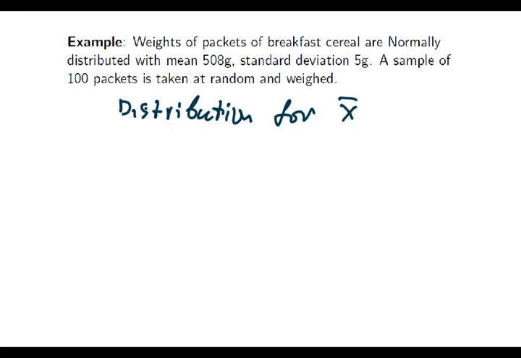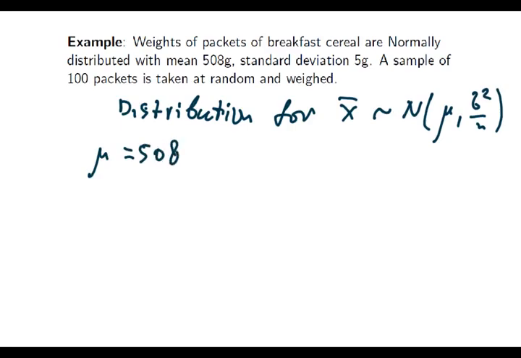So what we know is that x bar has normal distribution with expected value mu, which is the same as for each of these packets of breakfast cereals, and variance sigma squared over n. Now mu is given here as 508 grams, and sigma is given as 5 grams, and therefore we can say n is 100.